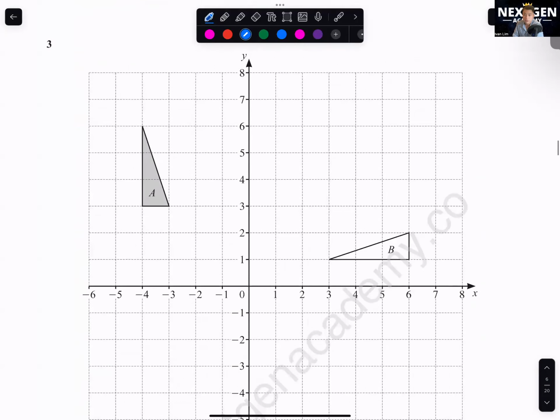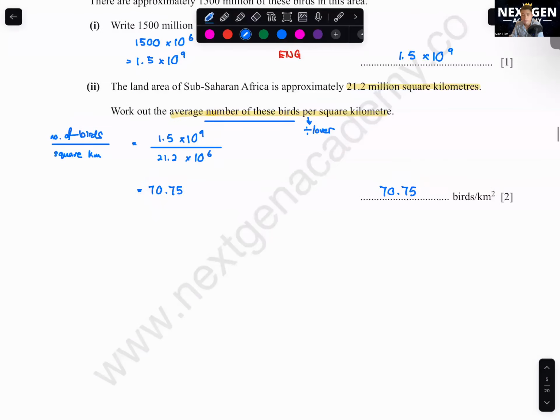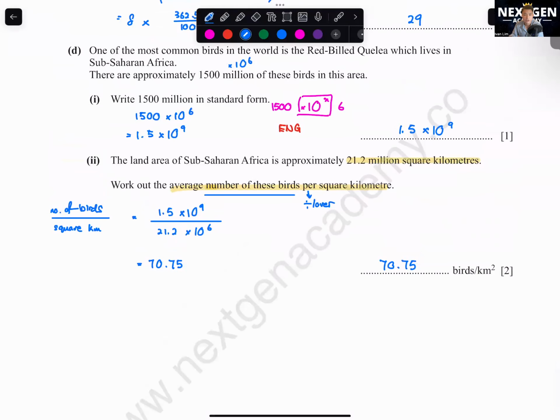Siobhan asked, can I repeat what I just said about rounding up? In short, don't round up. This one, don't round up, because you're not calculating just a bird. The unit is number of birds per square kilometer, so it's not just a bird. Unless, as someone asked just now, they say the least number of birds, then you round it up.